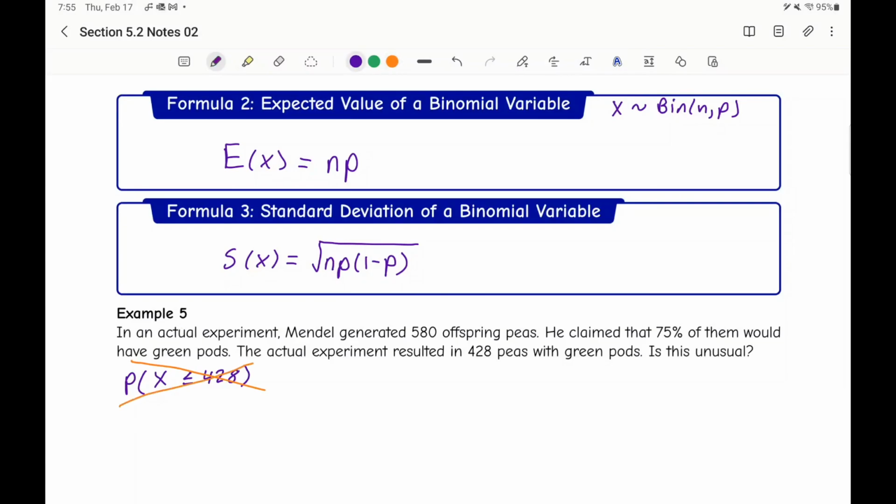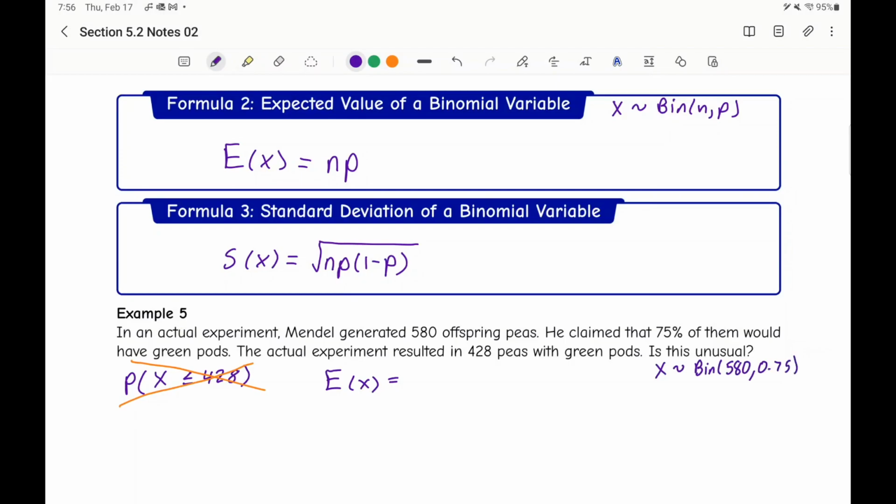Instead, we're going to use some estimation using the expected value and standard deviation. So the expected value, I forgot to write over here, X is binomial 580 comma 0.75.